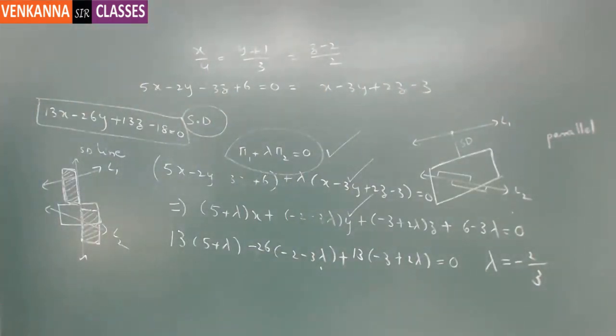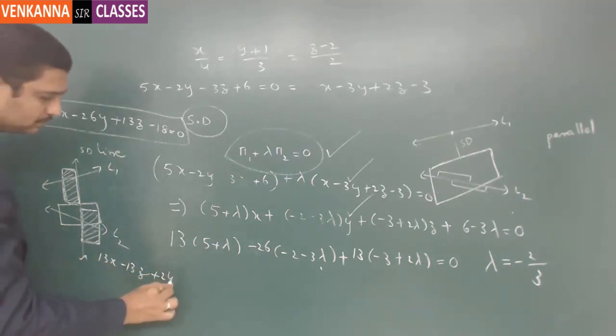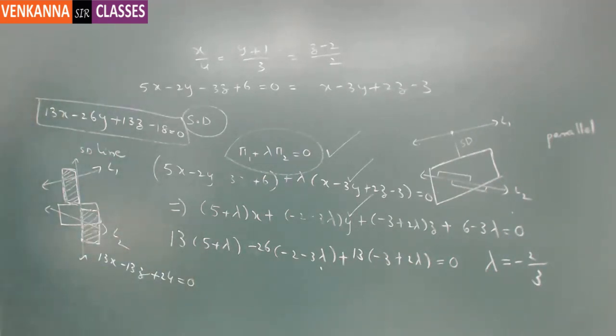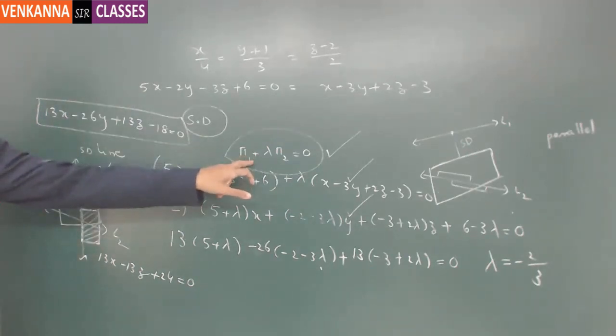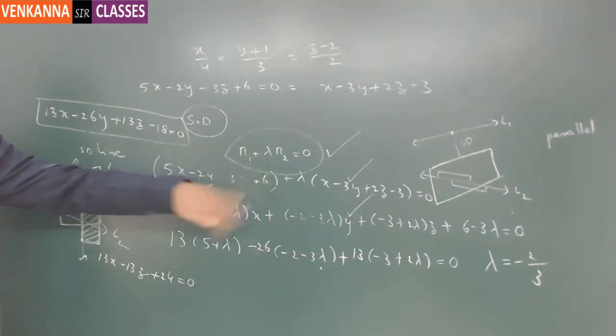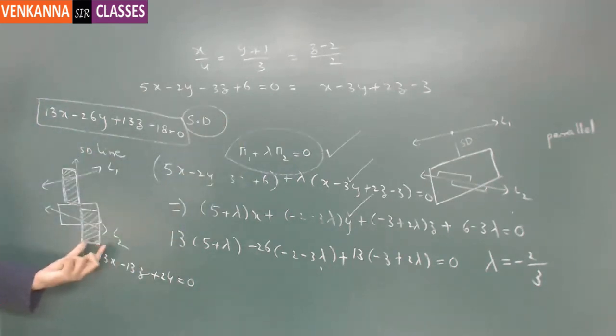So, if you substitute the lambda value there, I hope you are going to get the equation as 13x minus 13z plus 24 equal to 0. So the same technique, pi 1 plus lambda pi 2 equal to 0, will be applied again to determine this plane.